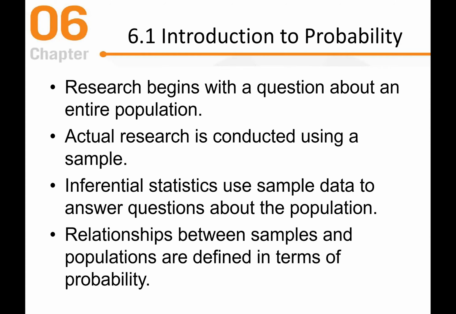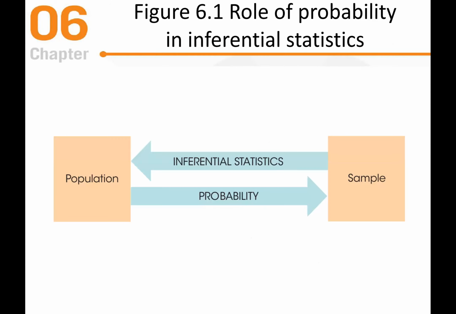So let's talk more about that. This is just a graphical representation of what I said. You have a population, and then through probability, you have a sample. Then we take the sample, do some kind of research design and utilize inferential statistics, and then we generalize about the population from the results of our sample.